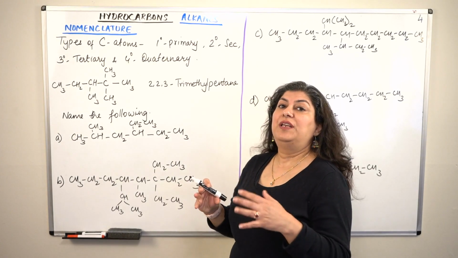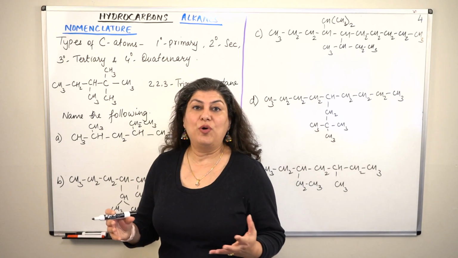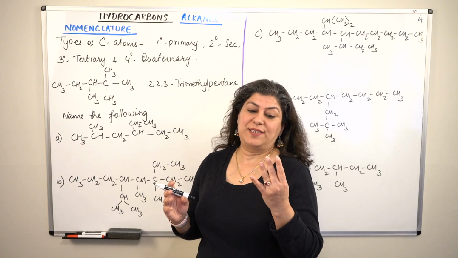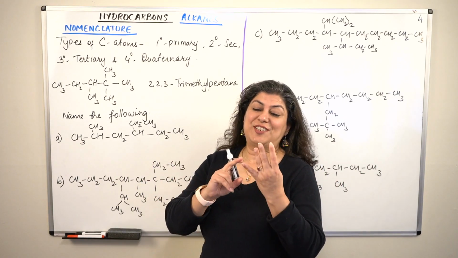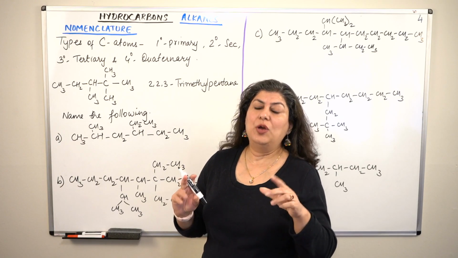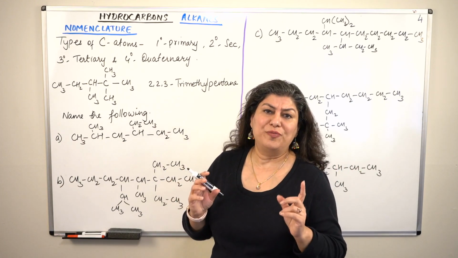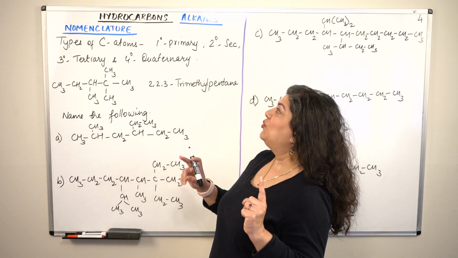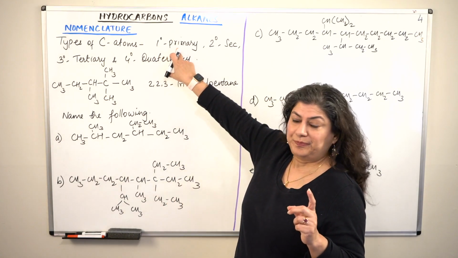So based on the number of bonds carbon is forming with other carbon atoms, we classify them in these 4 categories. As the name suggests, if the carbon is attached to only one other carbon or no other carbon, as in the case of methane, it is known as a primary carbon atom.